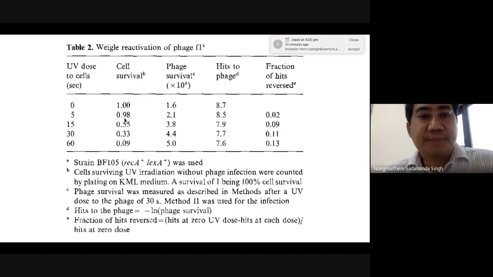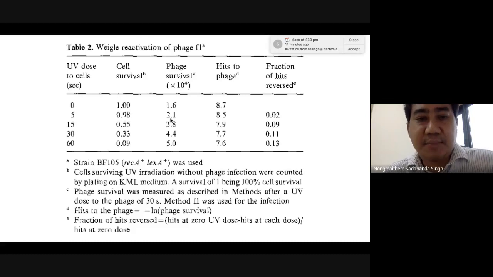If the host cell is exposed for 5 seconds, a very short time, which gives 98% survival of the host cell, what is important is that the survival of the phage improves 2.1 fold.